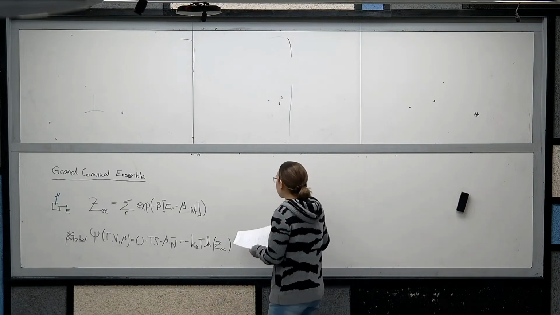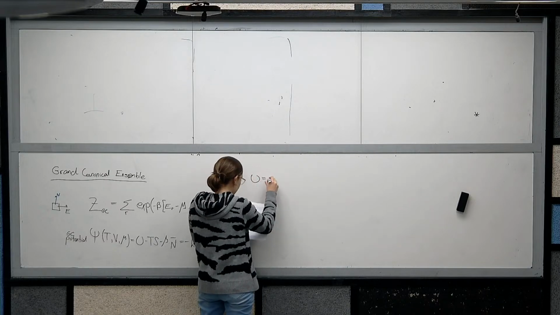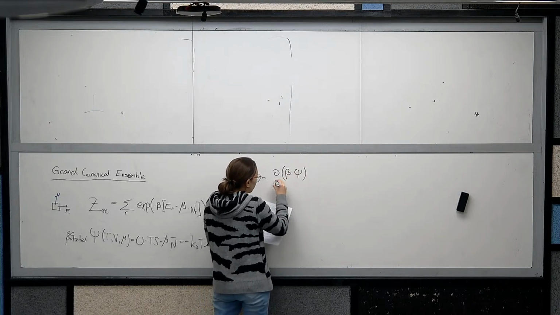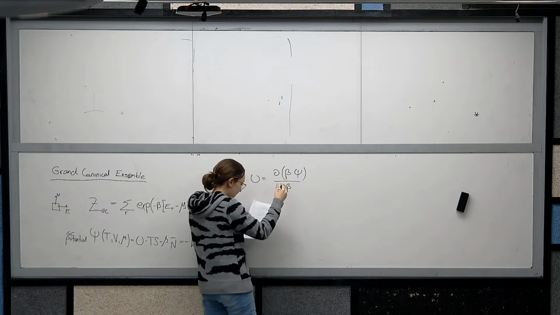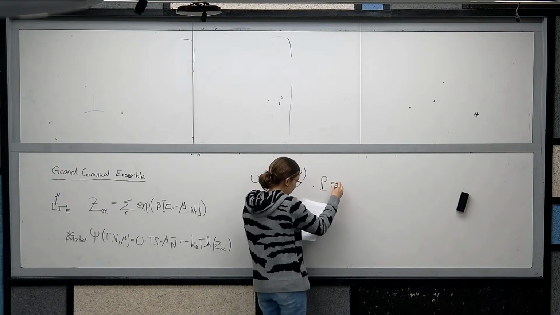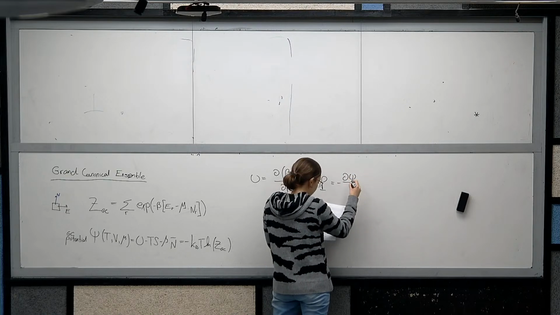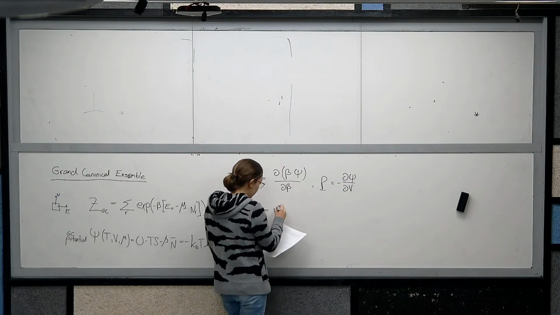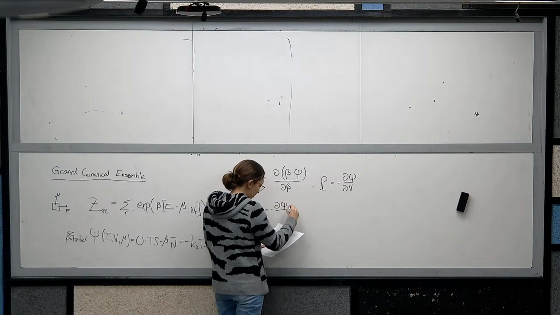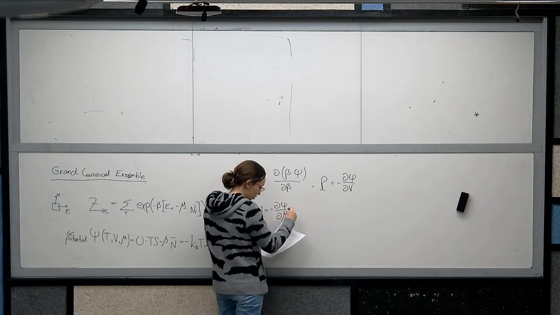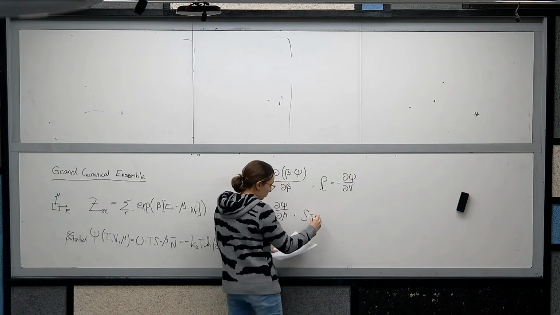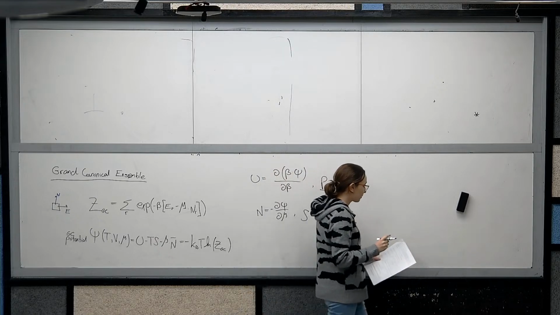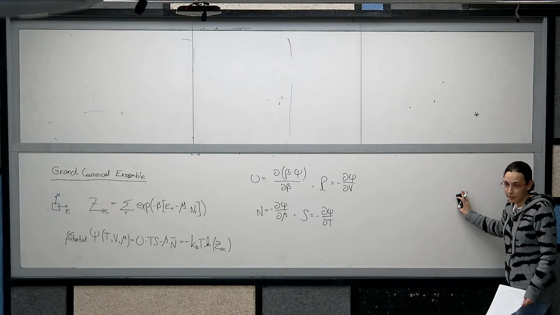So for example, the energy of the system equals the derivative of beta times this potential relative to beta, and the pressure equals minus the derivative of psi relative to the volume, and the number of particles equals minus the derivative of psi relative to mu, and the entropy equals minus the derivative of psi relative to T. Same equations.